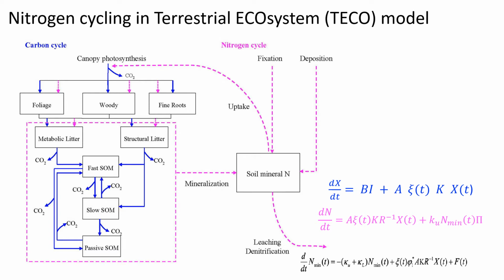The second term on the right side of equation 3 describes the amount of nitrogen released during mineralization. Phi is the proportion for mineral nitrogen production. The carbon and nitrogen cycles are coupled through the parameter R, which is a C/N ratio. F represents nitrogen input through biological fixation and atmospheric deposition.